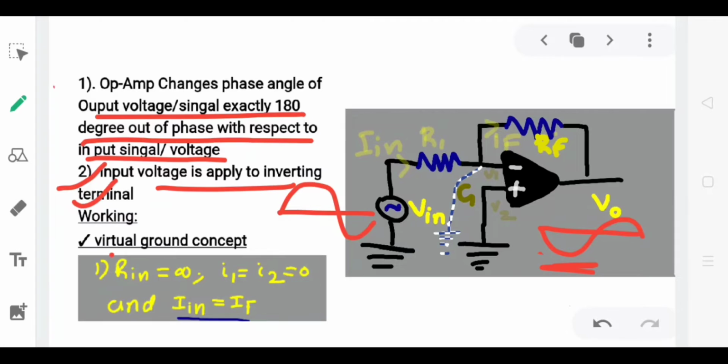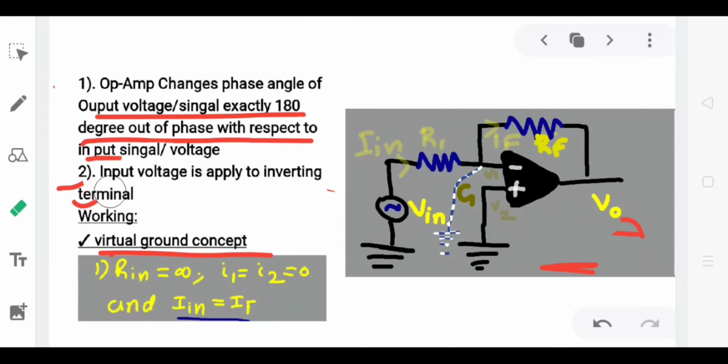The first working concept is the virtual ground concept. We are discussing the working. The input resistance Rin of an operational amplifier is infinity for an ideal operational amplifier.